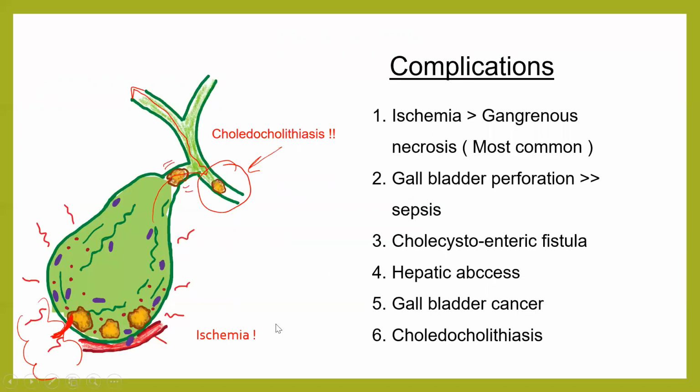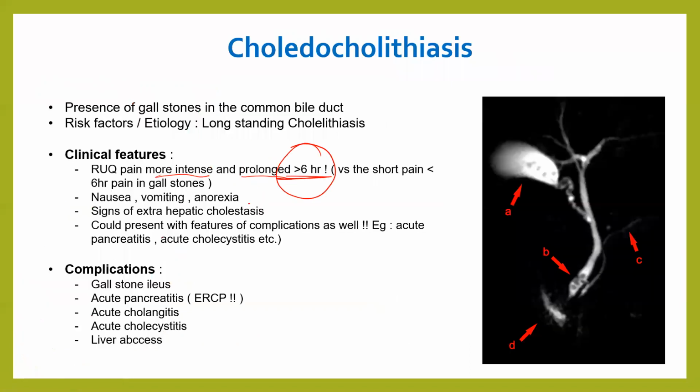Since the pancreas also opens into this common bile duct, if the stone gets lodged in this area, it can block the secretion of pancreatic fluids, which can lead to acute pancreatitis. Now, the important thing to remember here is that acute pancreatitis can not only be caused because of the reason I just described, but also because of the procedure ERCP itself.